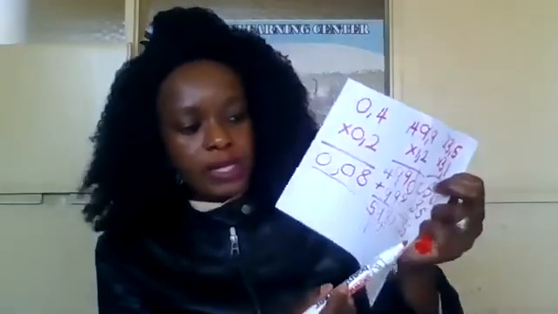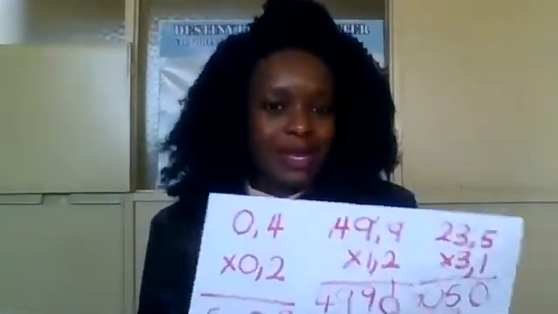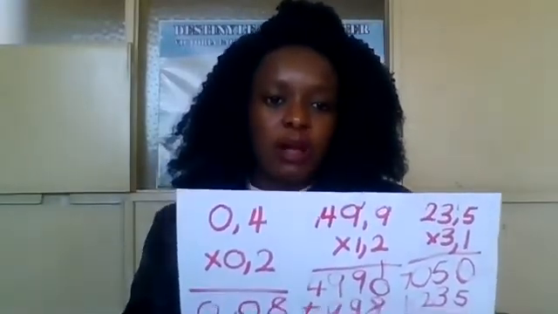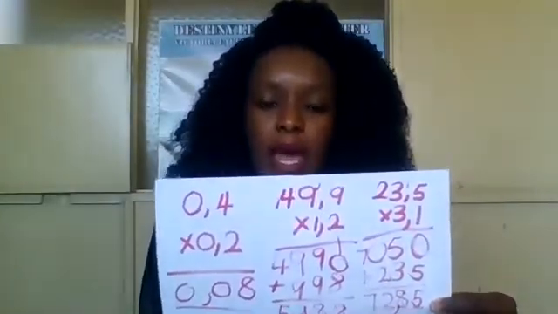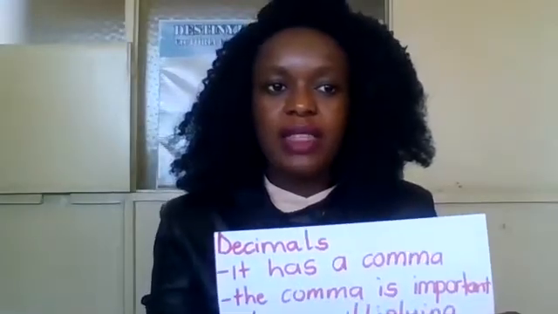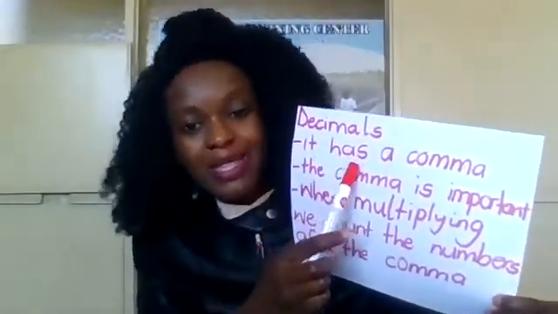72,85. This is how we do our multiplication when you're multiplying with decimals. So when you're dealing with decimals, as you are multiplying, make sure you go back to what we said at the beginning, that the decimal is very important. We said it must have a comma.